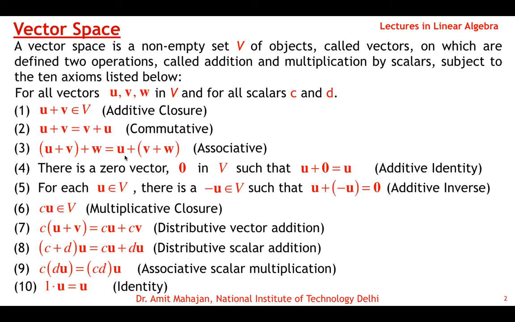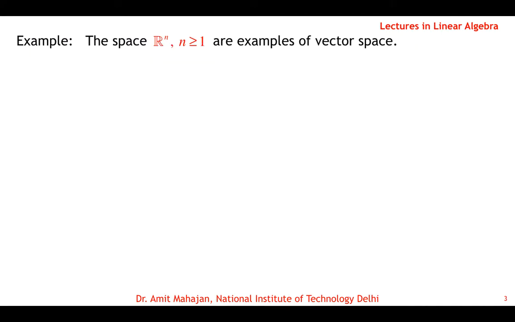So if you have to prove Rn spaces to be vector spaces, you just need to prove the additive closure and the multiplicative closure; the rest of the properties, 2 to 5 and 7 to 10, are already satisfied. Okay, so this is our first example. The space Rn for n greater than or equal to 1, that means the R space or R2 space or R3 space and so on, they are all vector spaces.